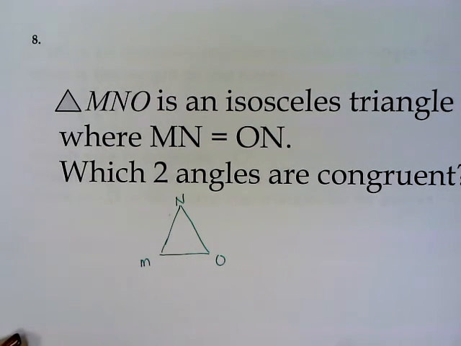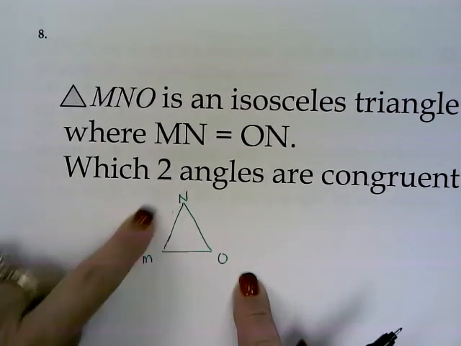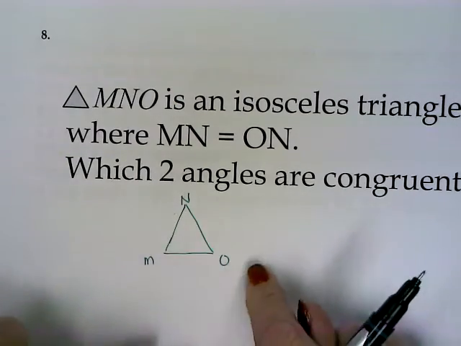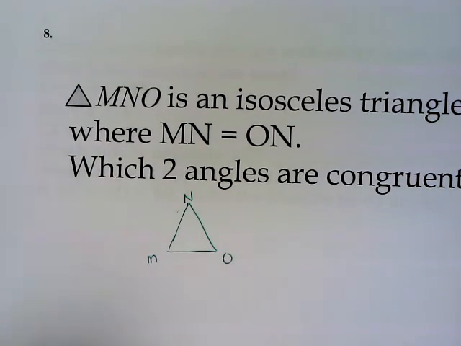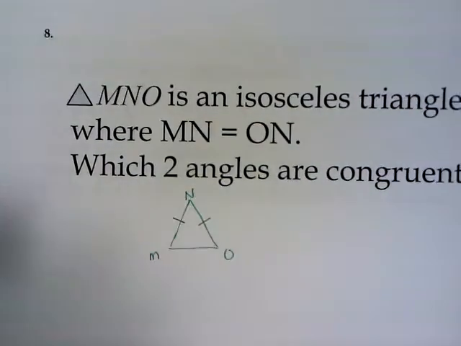All right, so I have my triangle. It doesn't matter what order I put them in, but you know they do go in order, MNO. I could have started here, MNO. It doesn't matter where I started drawing my triangle. Now I'm going to come back. My marking says that MN is equal to ON.